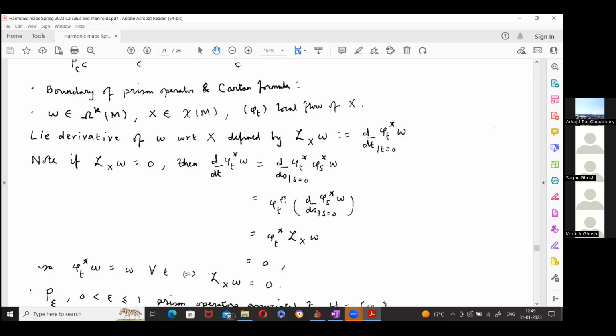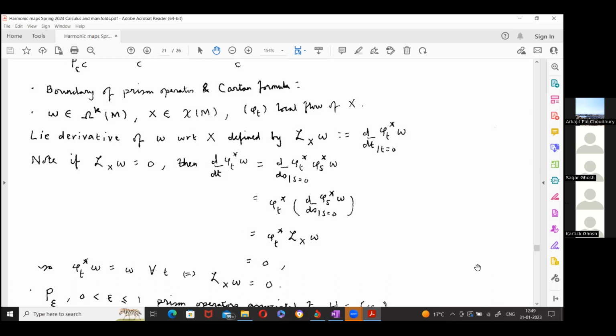This becomes phi t star of d/ds at s equal to 0 of phi s star omega, and this derivative is Lx omega. So this becomes phi t star of Lx omega. If Lx omega is 0, then this is 0, so d/dt of phi t star omega is 0. So phi t star omega is constant, and it has to be equal to omega, since phi 0 star of omega is omega. Therefore, phi t star omega is equal to omega for all t if and only if Lx omega equals 0.